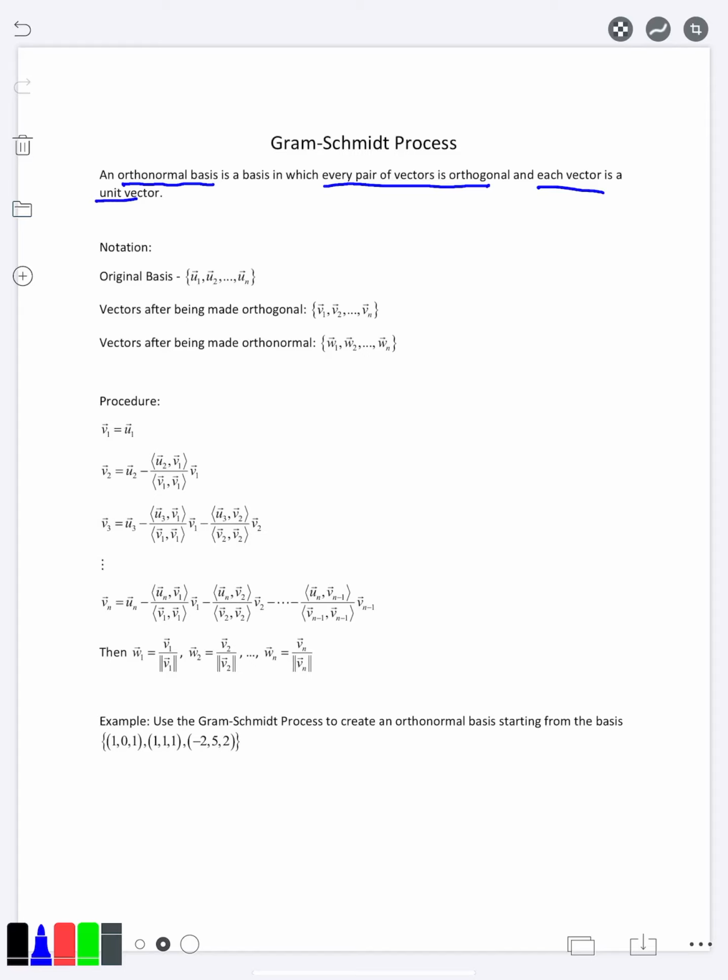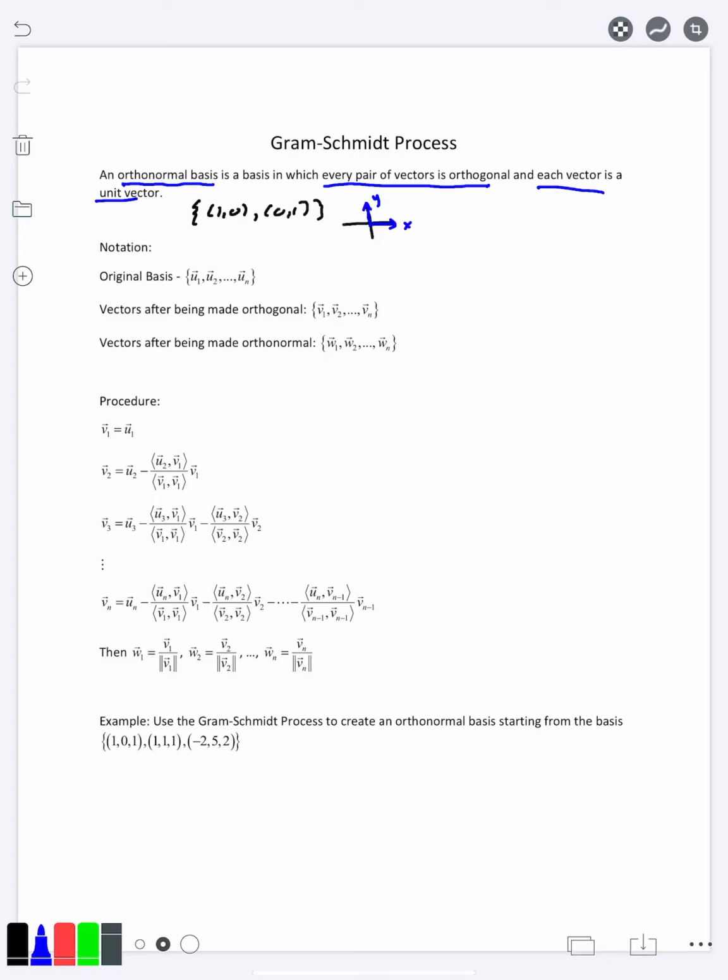Now I want to point out that this is actually not some weird, strange property here. If you were to look at your standard basis for, say, R2, these vectors here are perpendicular. They are the x and y axes, and each one has a unit length.